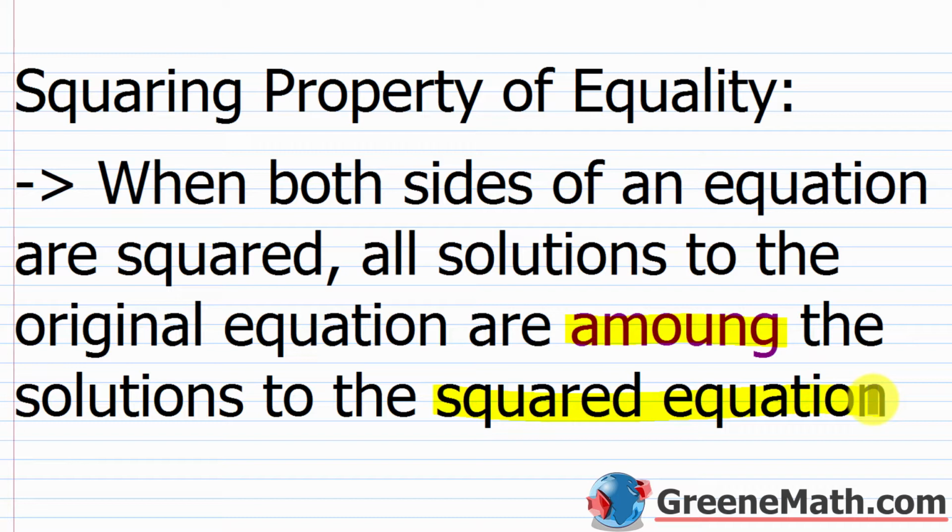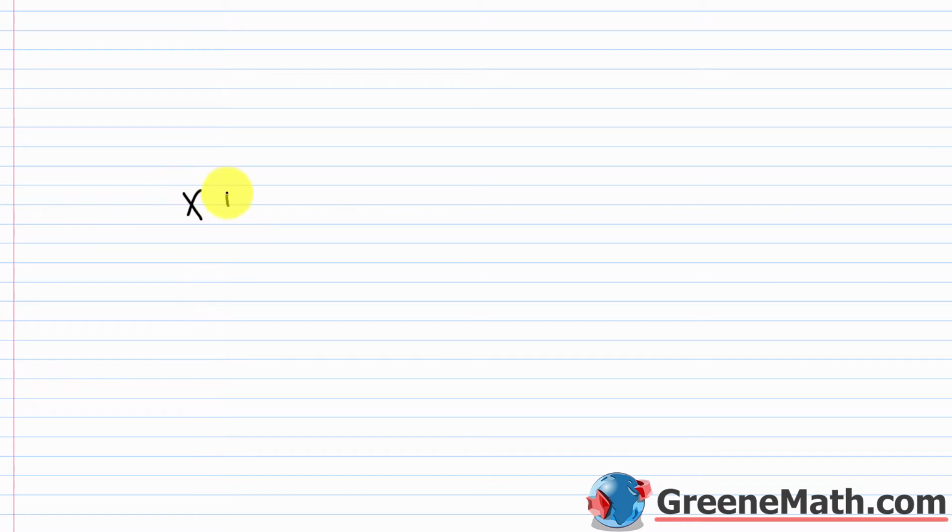If I use something like the addition property of equality, we have x plus 2 equals 4 as an example. I know the solution to this equation is x equals 2. If I added 3 to both sides of the equation, that would make this 5 and this 7. The solution is still x equals 2.